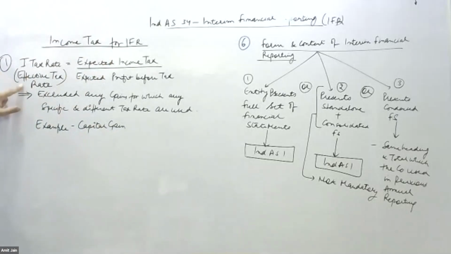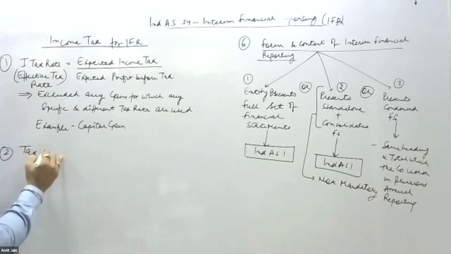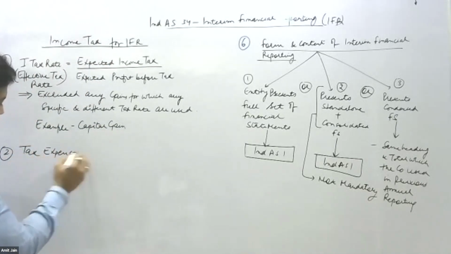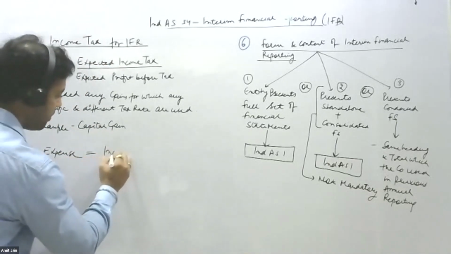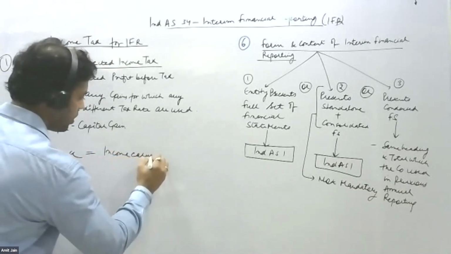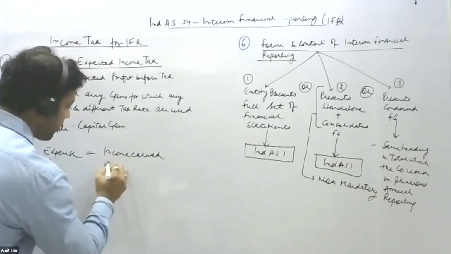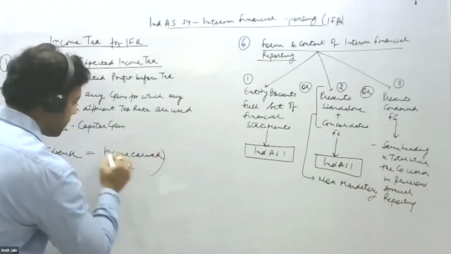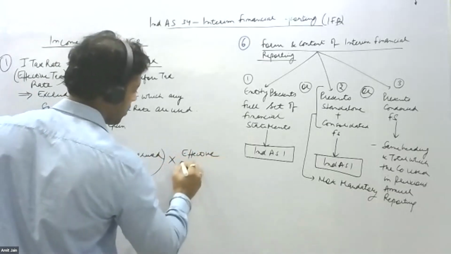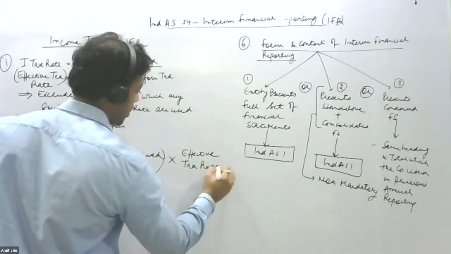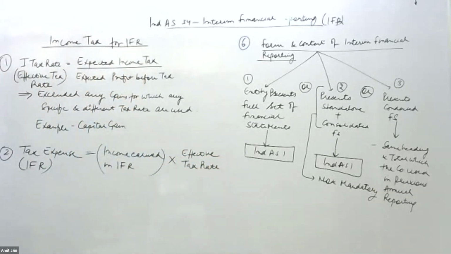The tax expense of the interim financial reporting period is equal to the income earned in the interim financial reporting period multiplied by the effective tax rate.